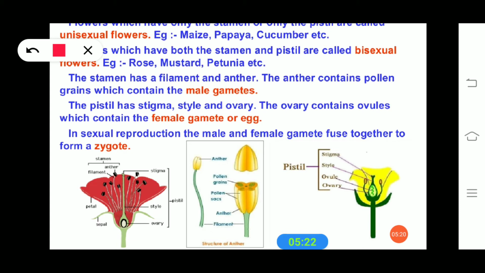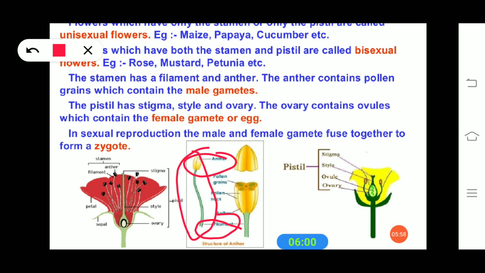So what are these anther and filament? These are the parts of the stamen. In this stamen we can see one is anther, another is filament. This is what we call the stamen.